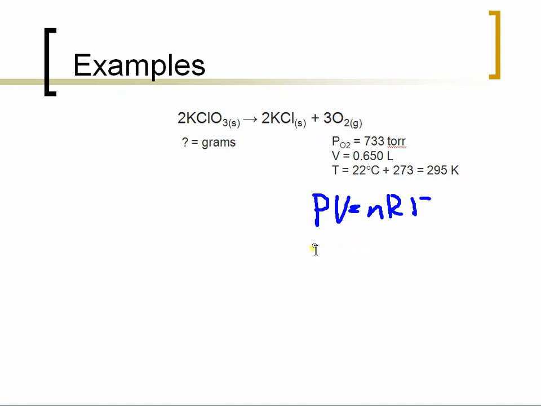So I want to know what my moles of O2 is, and we're going to use this equation to solve. Again, bear in mind we need to convert our pressure to ATM to use this equation. So go ahead and try it. Click pause and calculate it, and see what you get for the number of moles of O2.